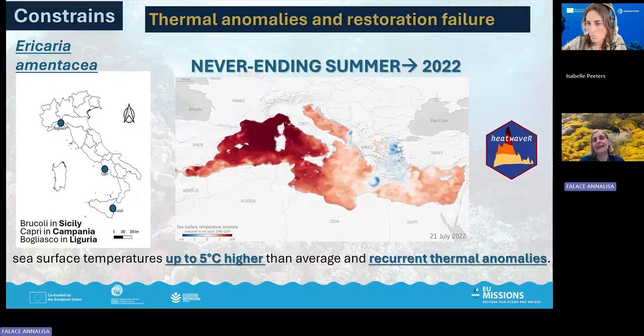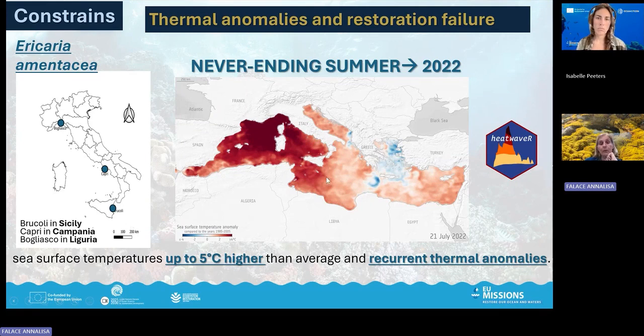Thermal anomalies and restoration failure. In 2022, we experienced what we call the never-ending summer, and we studied Ericaria mentacea from 3 areas from the north to the south of Italy.